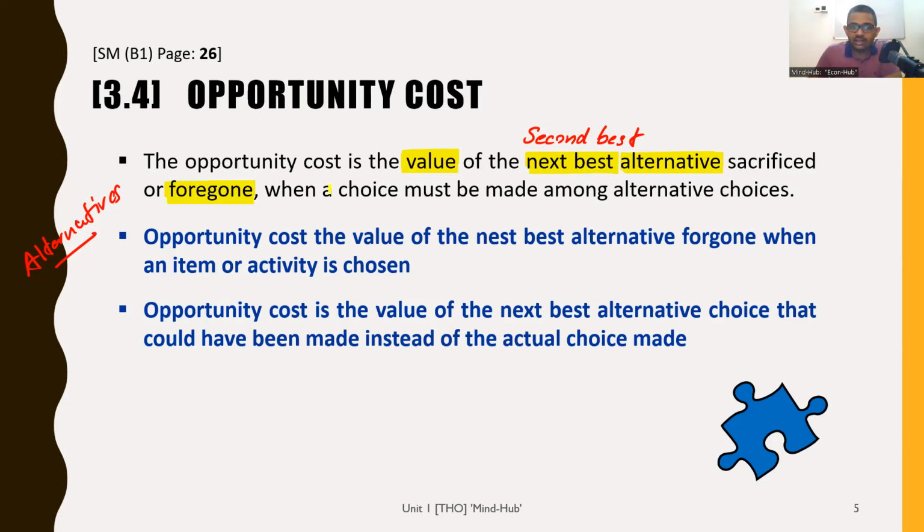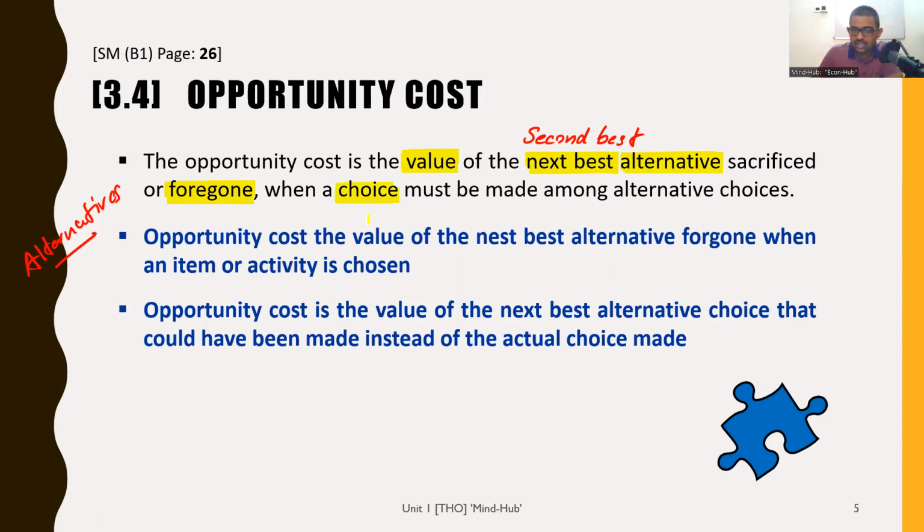When a choice must be made, that means we are forced into something. Because we can't do everything, we are forced to make a choice. The word choice is key.